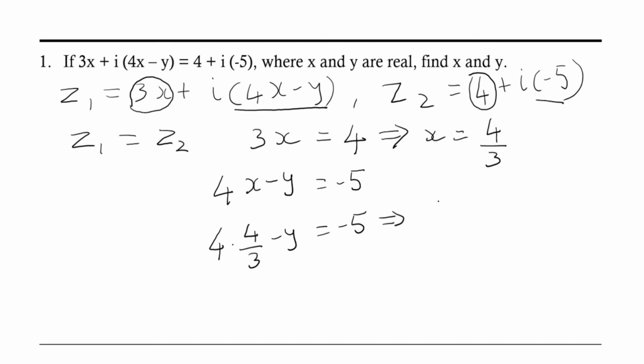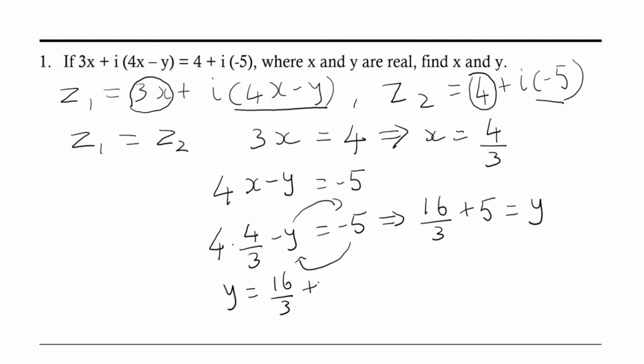From this I get 16 by 3 plus 5 is equal to y. I am taking 5 here and bringing y this side. So minus 5 becomes plus 5 and minus y becomes plus y. So I am writing this as y is equal to 16 by 3 plus 5, which is equal to 16 plus 15 by 3.